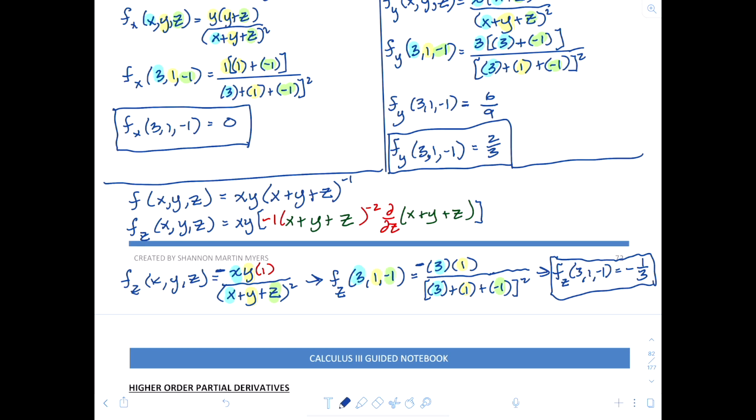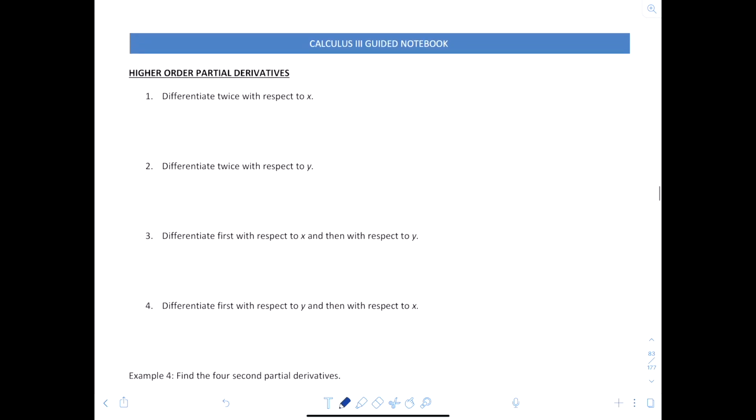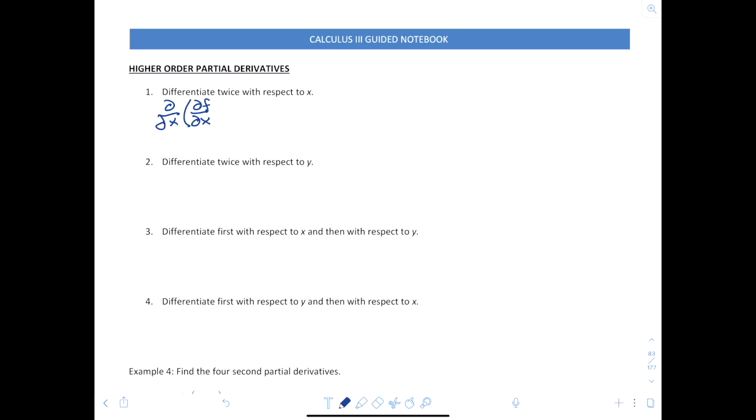All right. So now, let's take a look at some higher order partial derivatives. Differentiate twice with respect to x, right? So you'd have d dx of df dx, right?